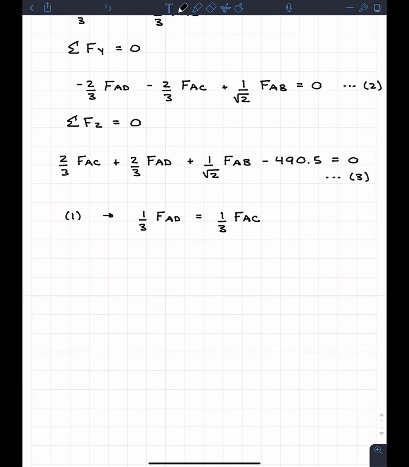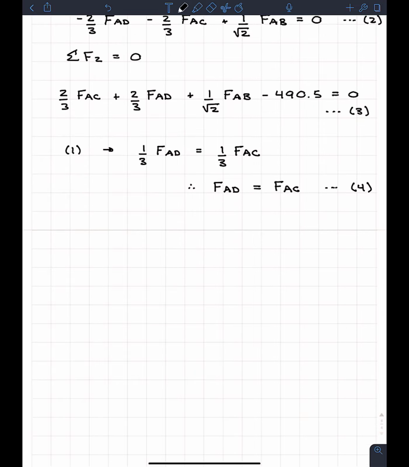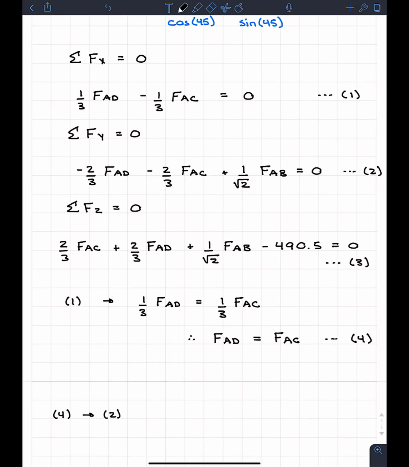The 1/3s cancel on both sides, so we can conclude that FAD is exactly equal to FAC. Okay, that's actually very nice. This is equation 4. Now I can take this and substitute it into a new equation. Let's take equation 4 and substitute it into equation 2. Equation 2 is the sum of the forces in the y.